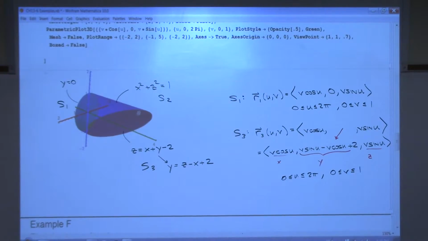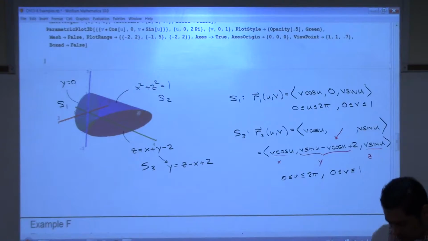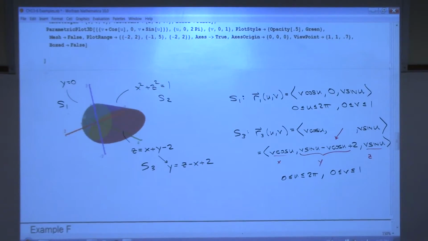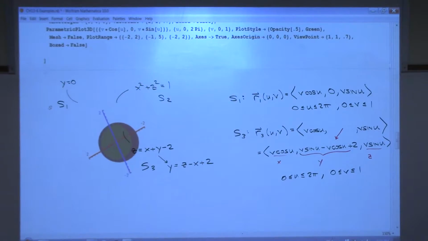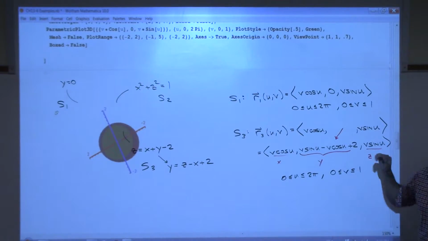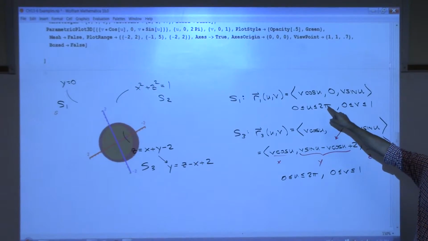All right, we good? I understand the U, but how come the restriction on V is the same as the first one? Again, it goes back to the idea of if you were to look at it from here, what's happening in the XY plane, XZ plane is exactly what was happening with this one in the XZ plane.